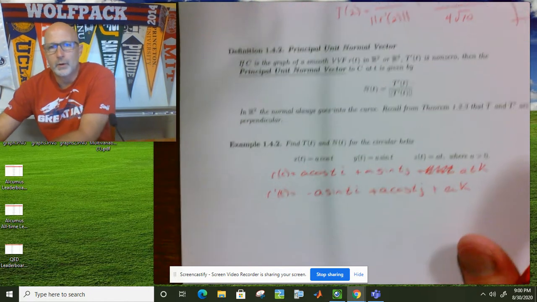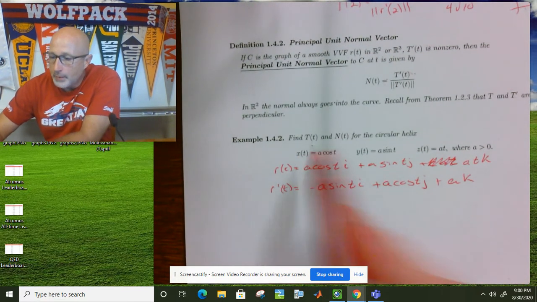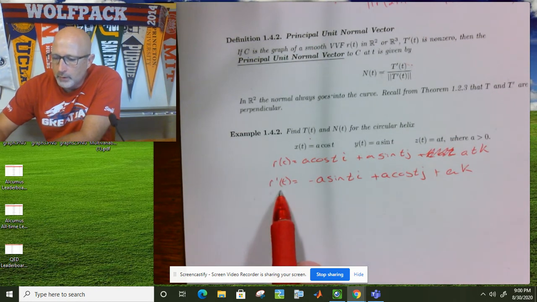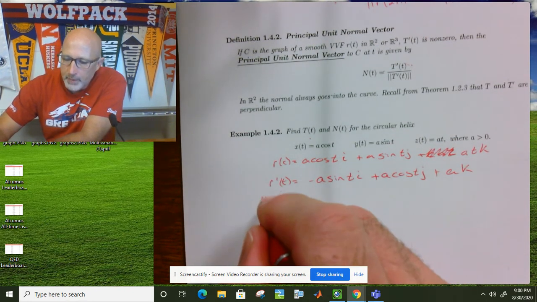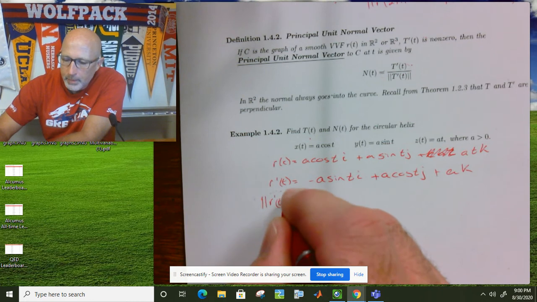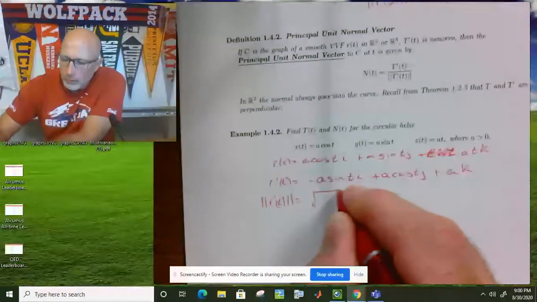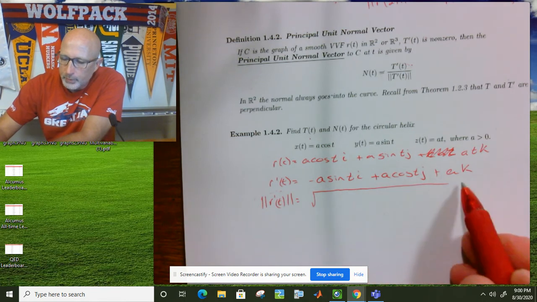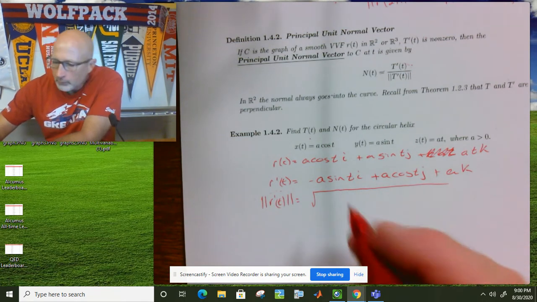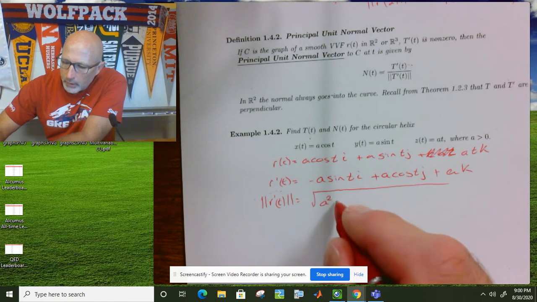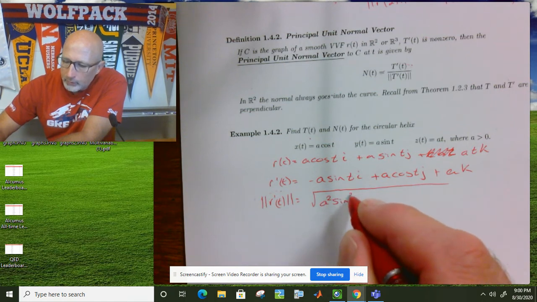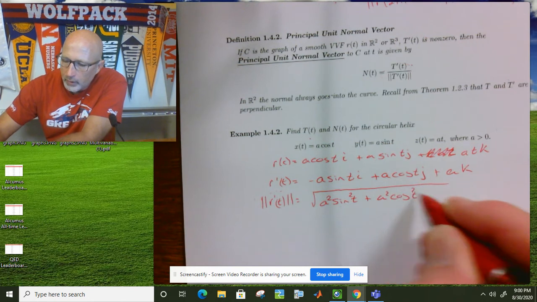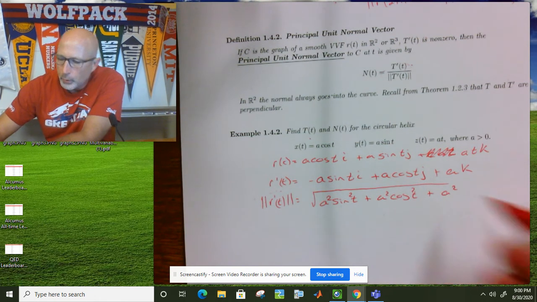Okay, so I need to find out what T prime is. I know r prime of t, and I just have to find the magnitude of r prime of t. So this is the square root of this thing squared plus that thing squared plus that thing squared. So I have a squared sine of t squared plus a squared cosine of t squared, and then plus a squared.